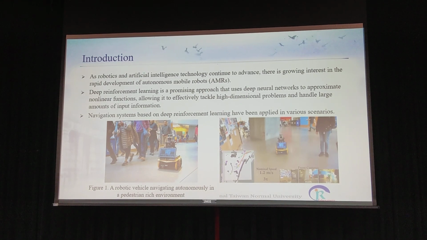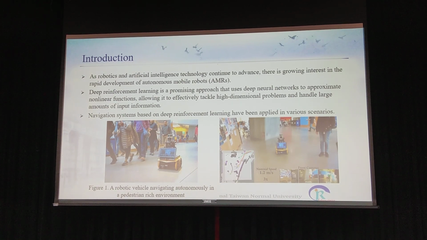This has led to significant improvement in the performance of traditional reinforcement learning, particularly in the field of navigation. And navigation systems based on deep reinforcement learning have been applied in various scenarios such as local navigation, indoor navigation, multi-robot navigation, and social mode navigation.